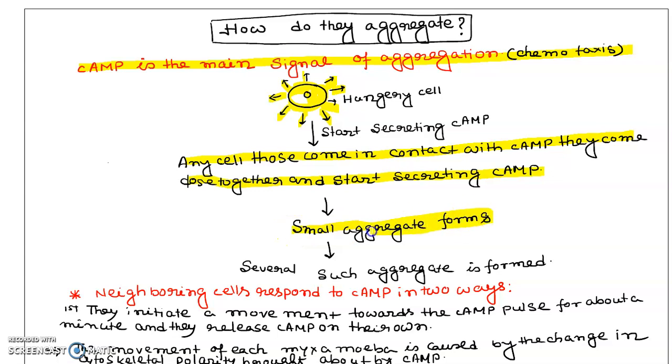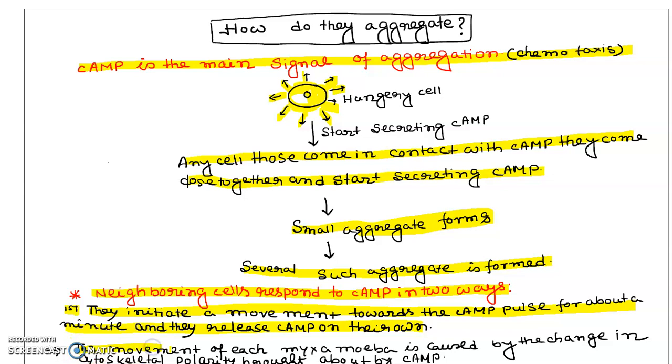Small aggregates form, and several such aggregates are formed. Neighboring cells respond to cyclic AMP in two ways. First, they initiate a movement towards the cyclic AMP pulse for about a minute, and second, they release cyclic AMP on their own.